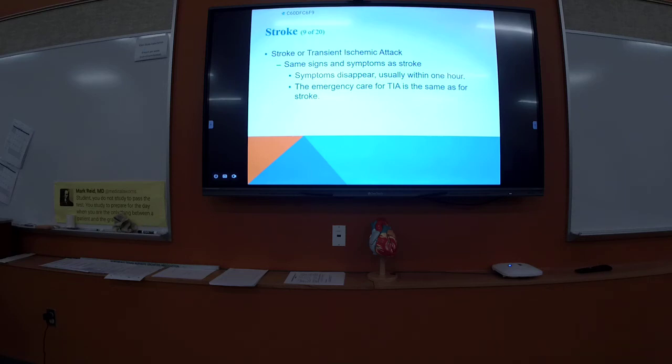You can't really tell them apart, with the exception that they usually resolve themselves within an hour or so. The layman's term for that is mini strokes. They're having mini strokes. Can they lead to a regular stroke or CVA? Yes. It's a problem.